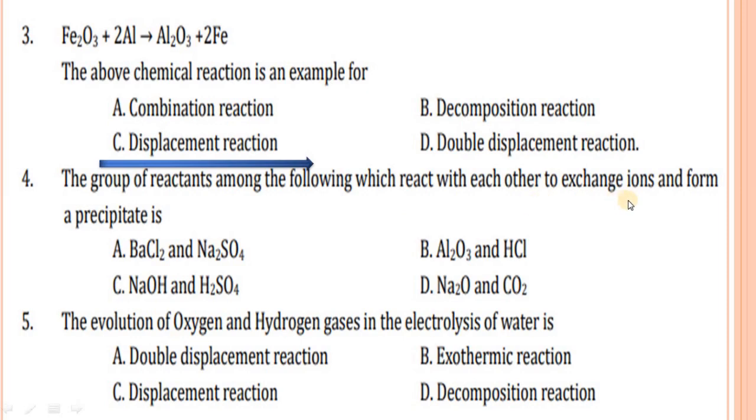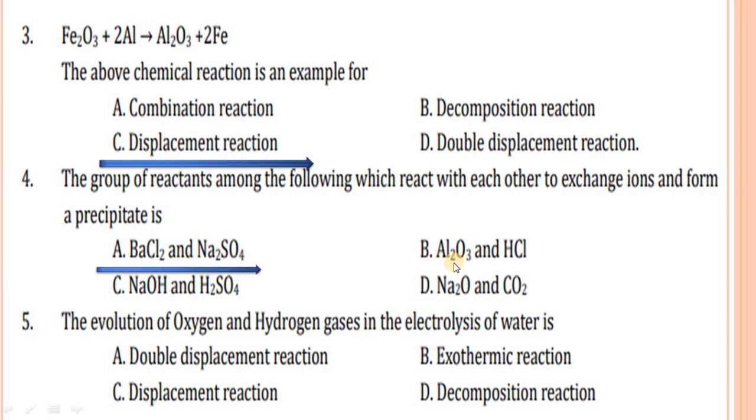Here exchange of ions is given, that is the double displacement reaction where a precipitate is formed. If you see option A, barium chloride and sodium sulfate, if you mix these two compounds, you will get barium sulfate as a white color precipitate. Also you will get sodium chloride. Your correct answer is A, barium chloride and sodium sulfate.